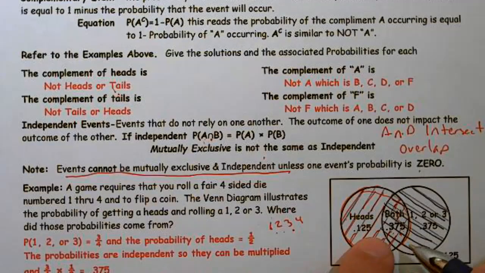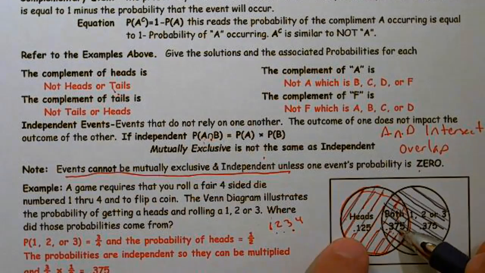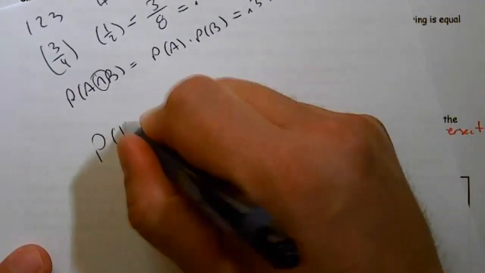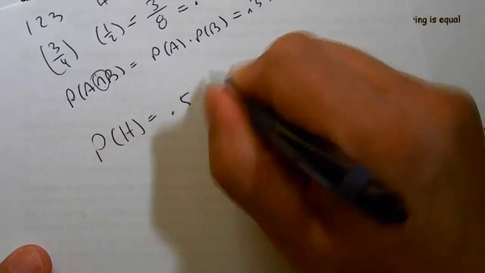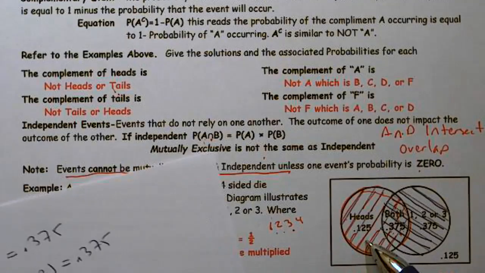So I have to have 0.375 in this part. So if I have 0.375 in this part, the probability of a heads equals 0.5 minus the 0.375 gives me 0.125, which is where this value came from.